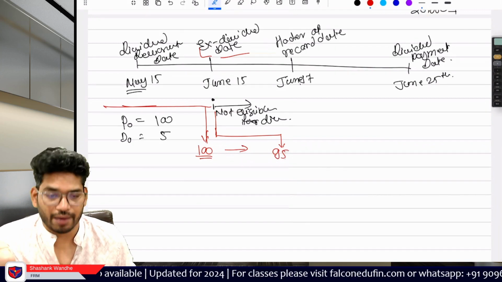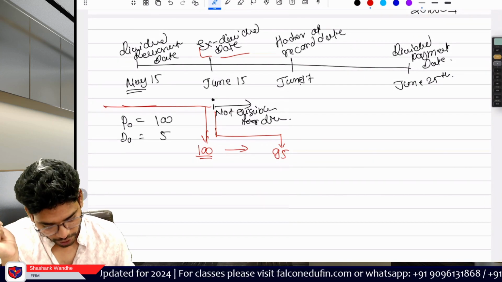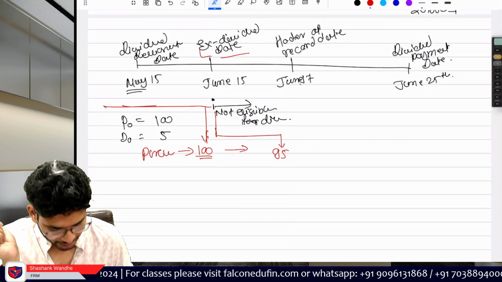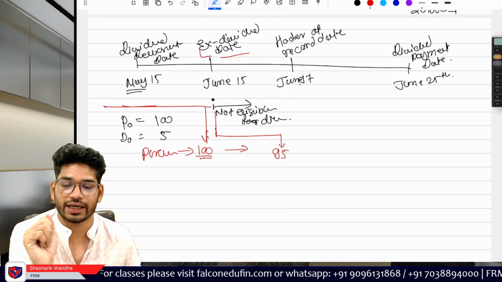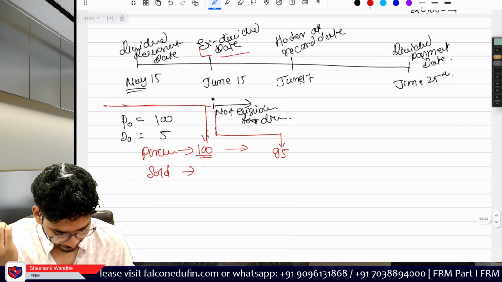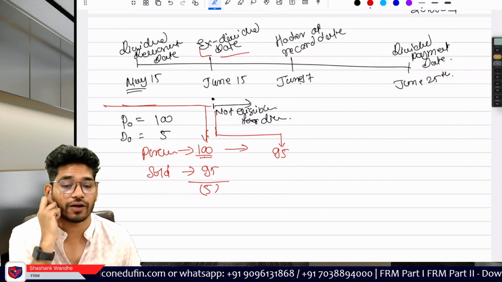He will say, I'm not going to get the dividend, so I will pay you only 95. So you purchased the share at 100 and sold it one day after at 95. Someone will say there is a loss of $5.